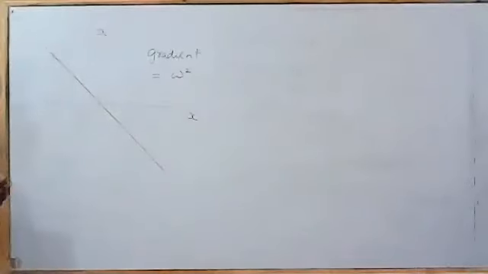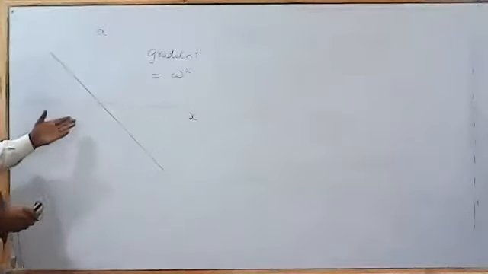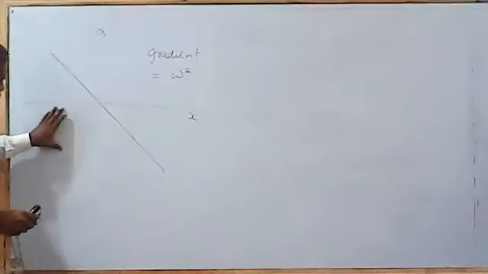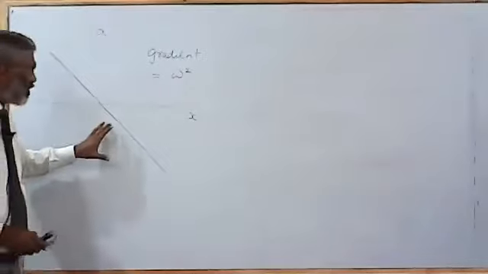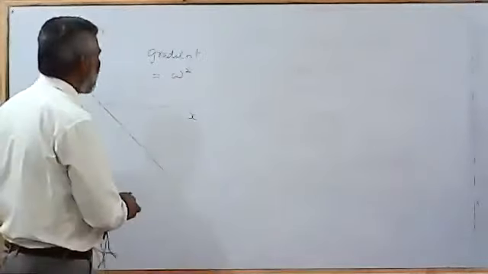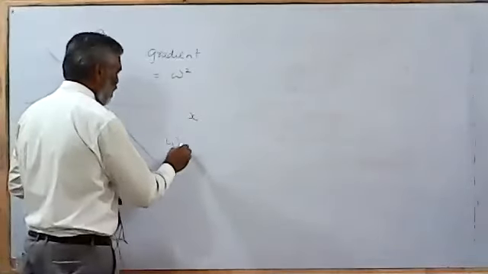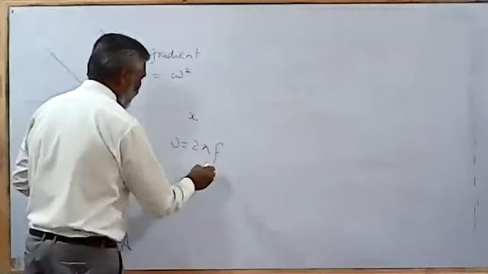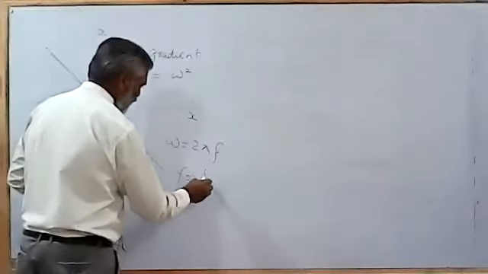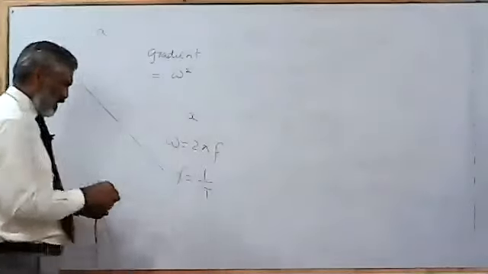That means if you are provided with this graph, you can calculate omega, and from omega you can calculate the frequency, and from frequency you can calculate the time period of oscillation.